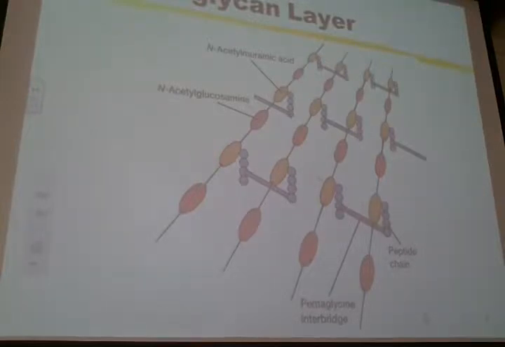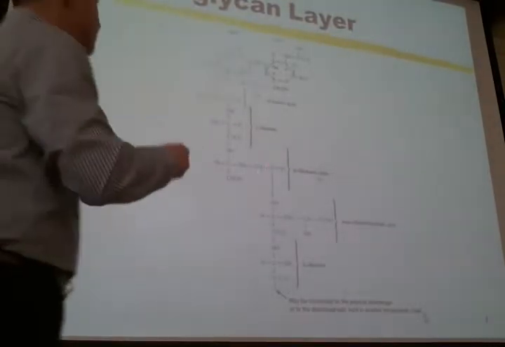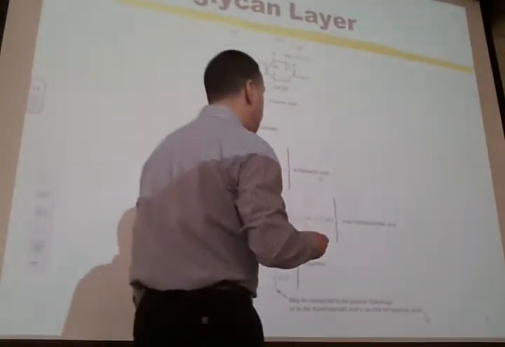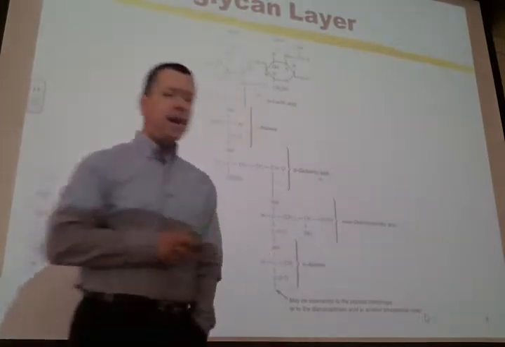So attached to the NAMs is the tetrapeptide tail. So 4 amino acids, and they're shown here as well. L-alanine, D-glutamic acid, meso-diaminopimelic acid, and D-alanine.